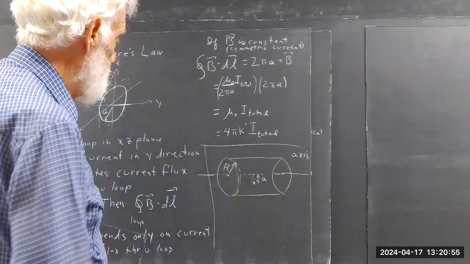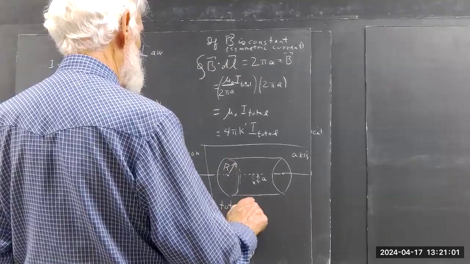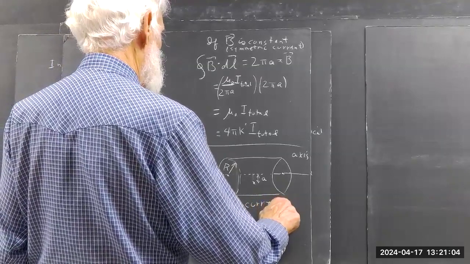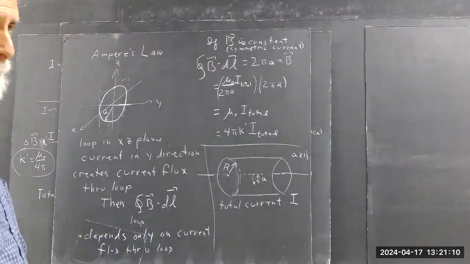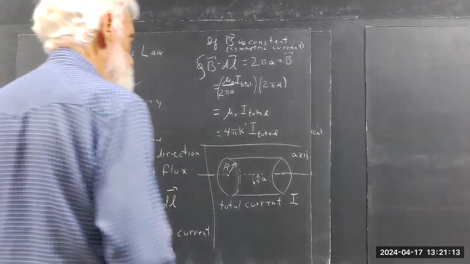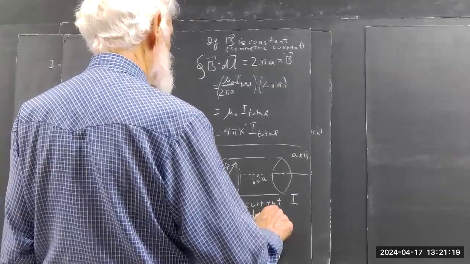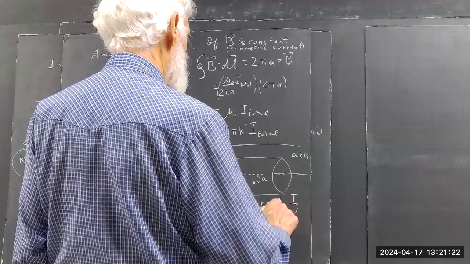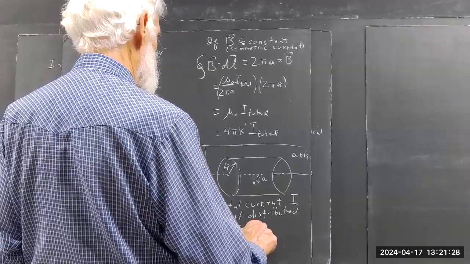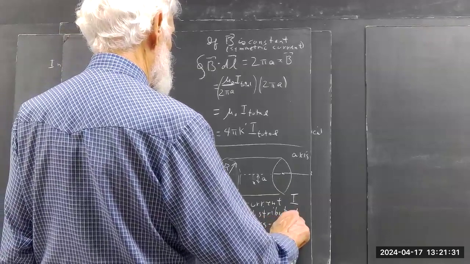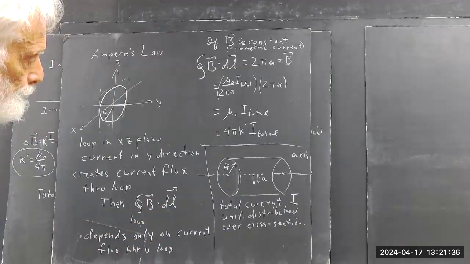Okay, but there's big R. Well, the current is I, distributed uniformly over the cross section.